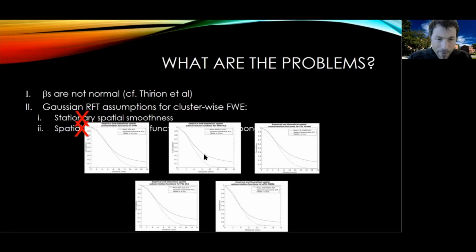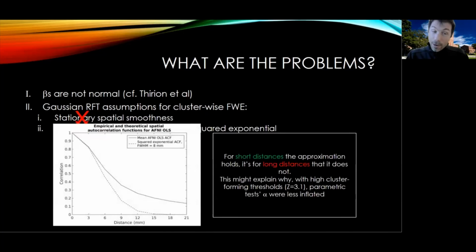The same is true with AFNI OLS, with FSL FLAME, with FSL OLS, and with AFNI 3dMEMA. So this problem is true across the board. Notice, however, that for short distances, for voxels that are nearby, the approximation holds pretty well, whereas it's for the longer distances that the approximation breaks down.